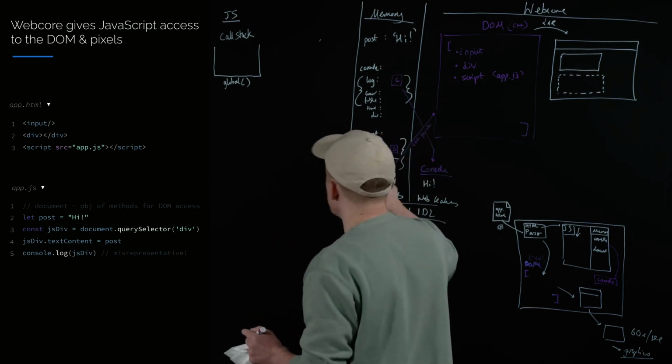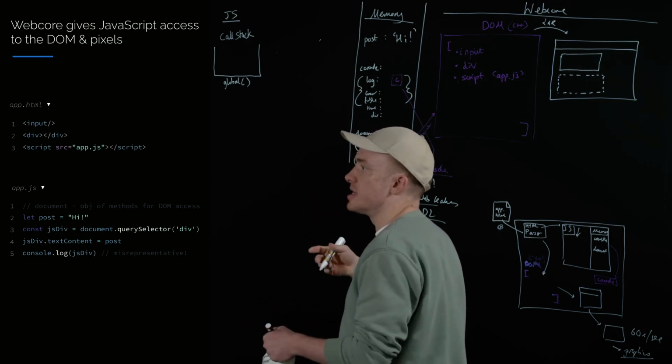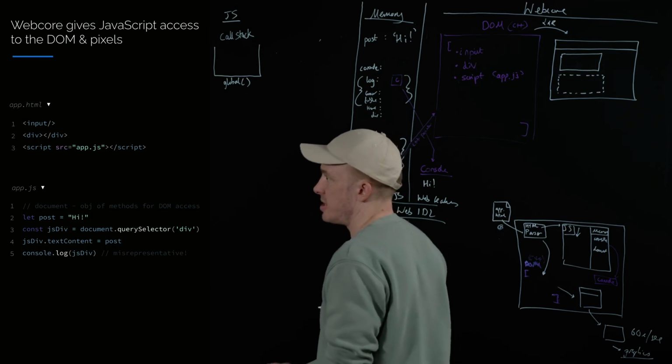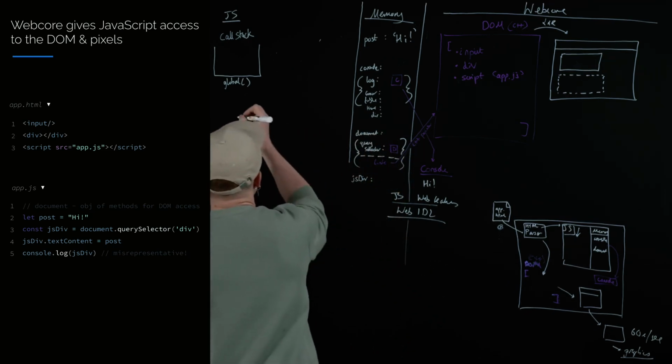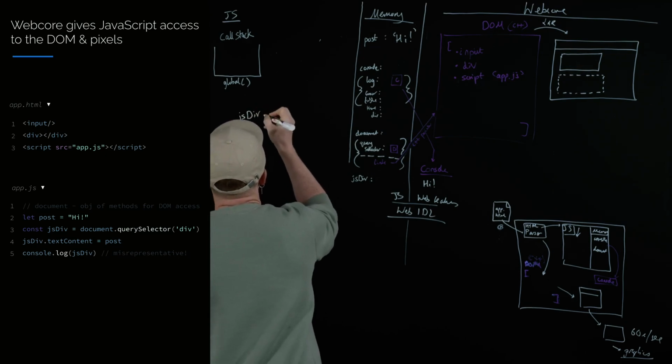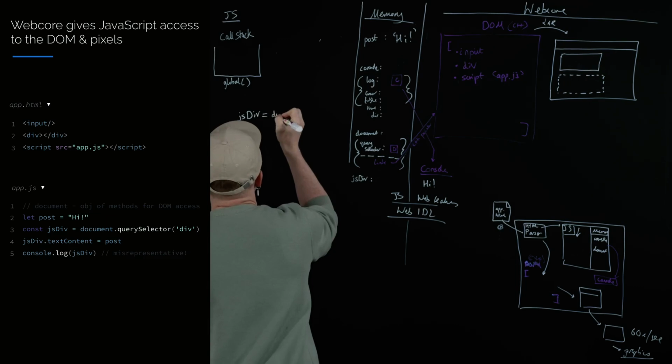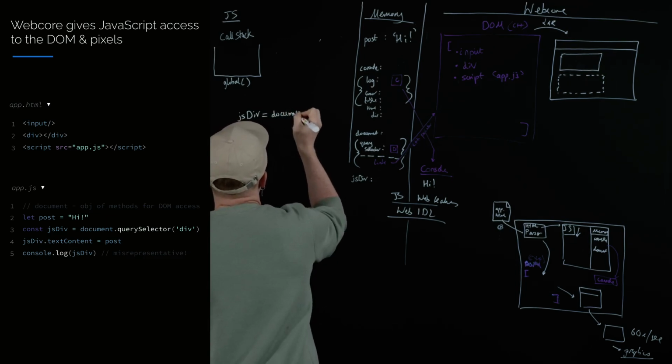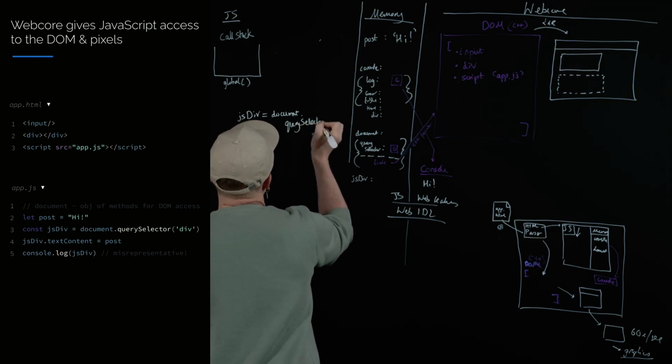Before we know what the query selector is going to do, at a high level, what is going to be returned into JSDiv? Yeah, so we're going to initialize it to the evaluated result of running the query selector method on a document object, passing in an argument of div. Beautiful. I couldn't have said it better.